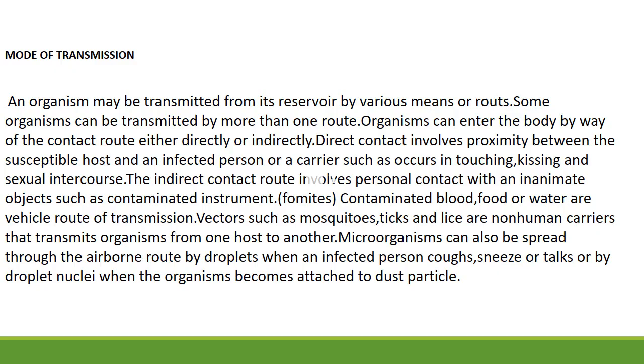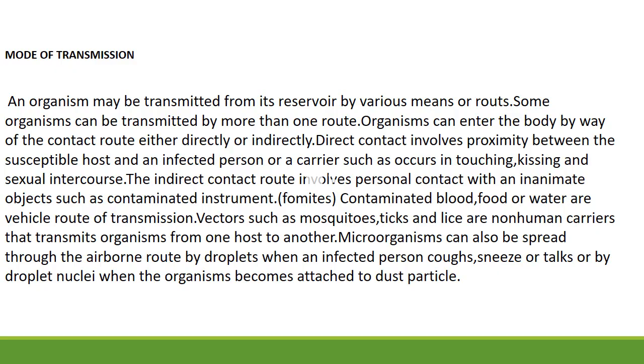This is known as indirect contact. And the inanimate object that has the power to transmit the microorganism is known as fomites. This is the term used for an inanimate object or a contaminated instrument. It is known as a fomite.